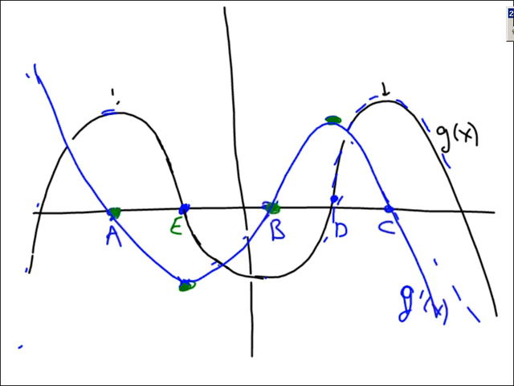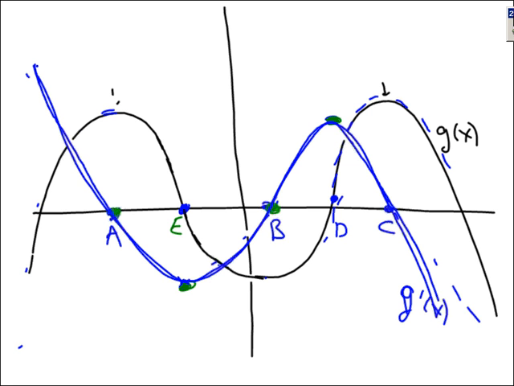Hopefully this mark is better. Now, we want the derivative of that. And that gets drawn in red.